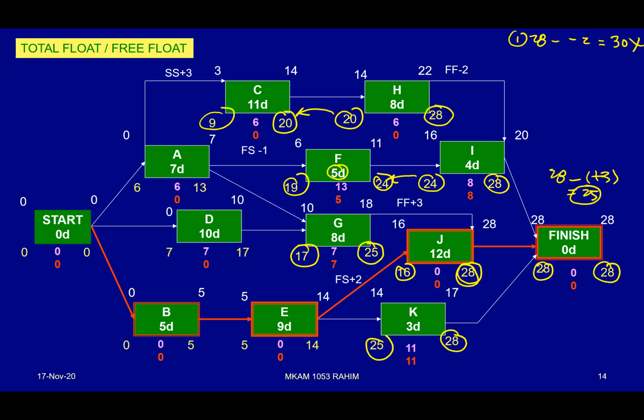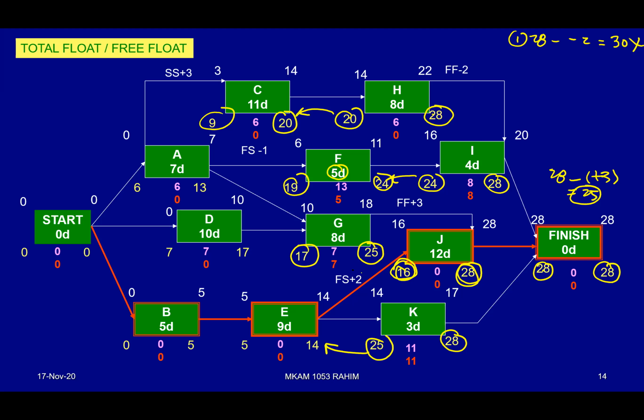Now for E, there are two arrows going back, coming back from J and coming back from K. So we have two values that we need to evaluate. One could be from K, 25, as one alternative. But how about coming from J? J, 16 is the value that we are going to take.